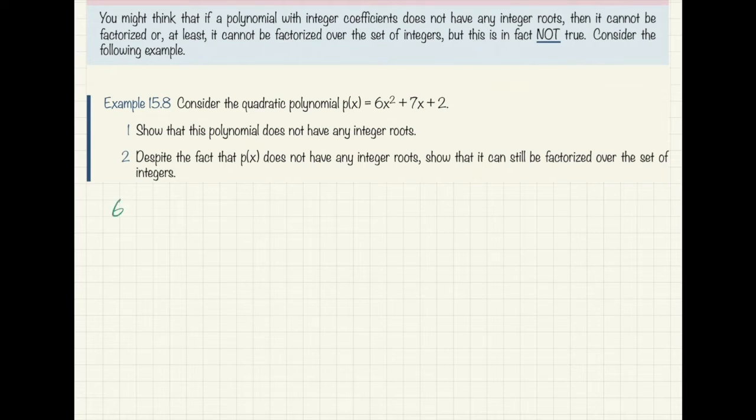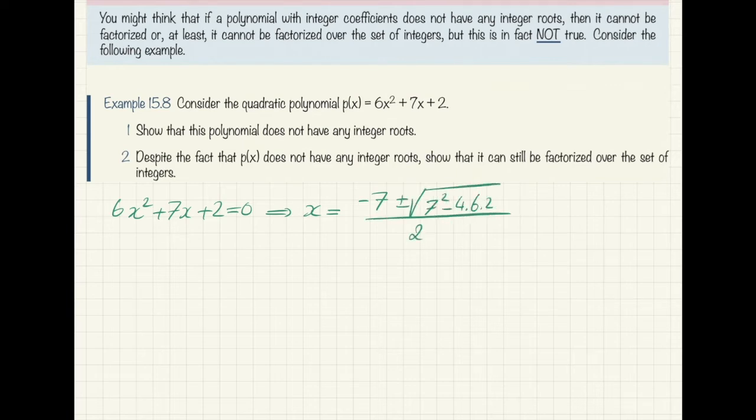So let us do it the old way. I put 6x squared plus 7x plus 2 equals 0. Using the ABC formula, it's minus 7 plus or minus the square root of 7 squared minus 4 times 6 times 2, divided by 2 times 6. So it's minus 7 plus or minus the square root of 49 minus 48, which is 1, over 12.